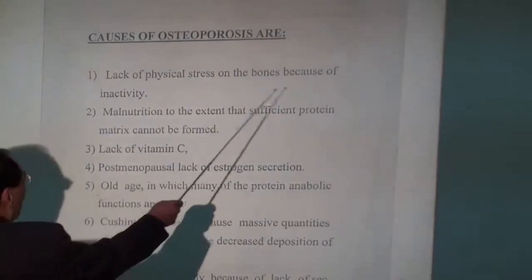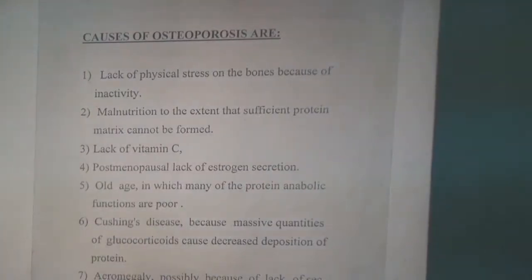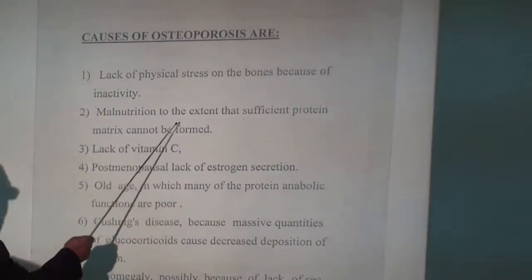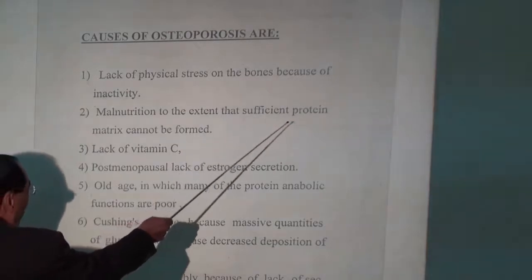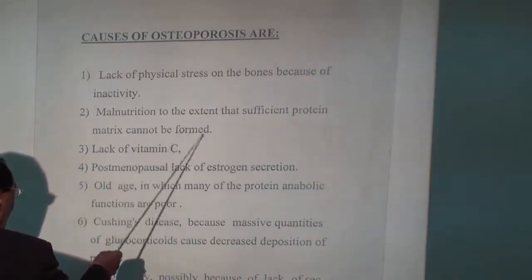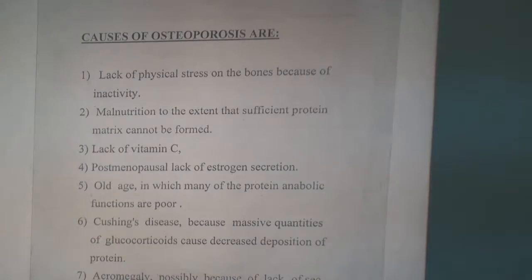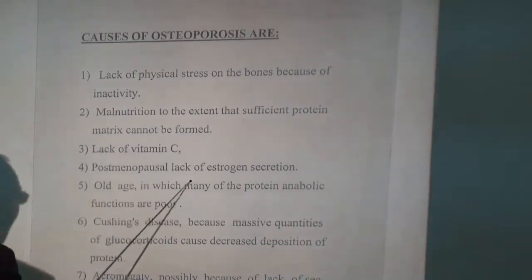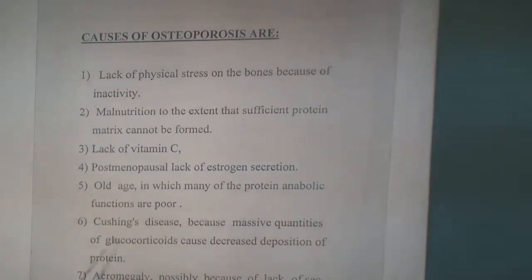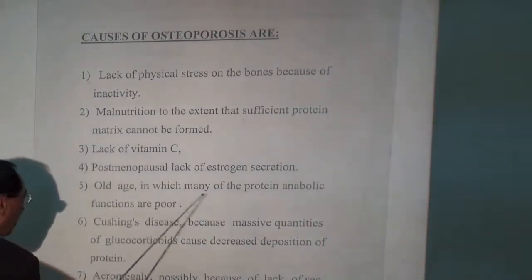First, lack of physical stress on the bones because of inactivity. Malnutrition to the extent that sufficient protein matrix cannot be formed. Lack of vitamin C. You see, vitamin C is very important in every process in the body, even in the causes of osteoporosis. Postmenopausal lack of estrogen secretion.